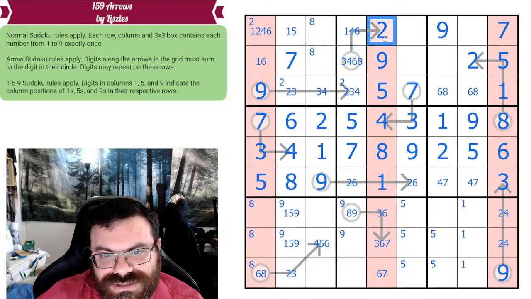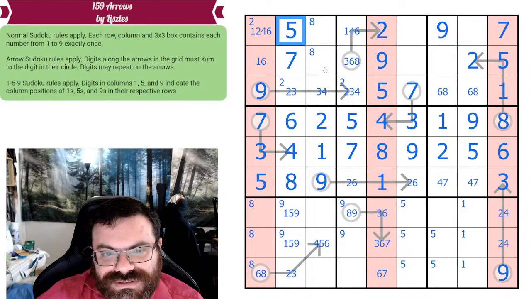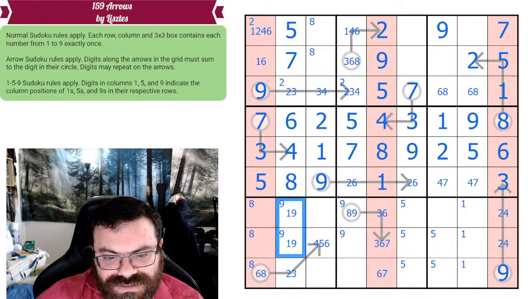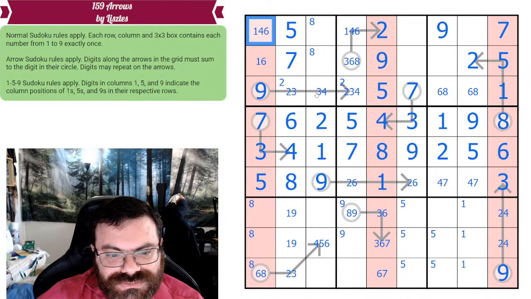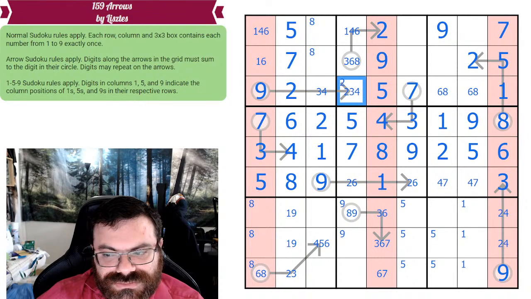Clean up the rest of this in a second. So this is either 3, it can't ever be 4, 3, 6, or 8. The 2 puts the 5 here. These aren't 5, that's a 1, 9 pair. This is not 2. So this is 2.